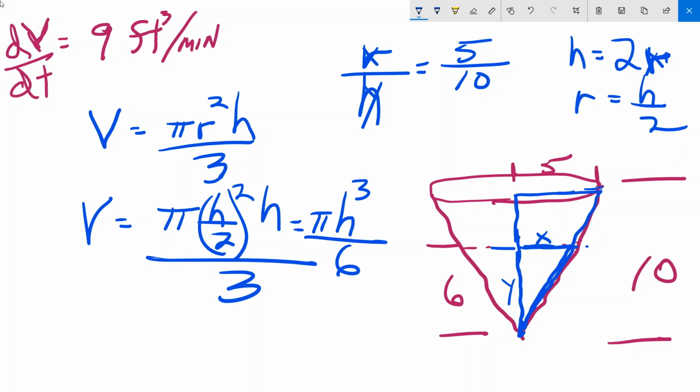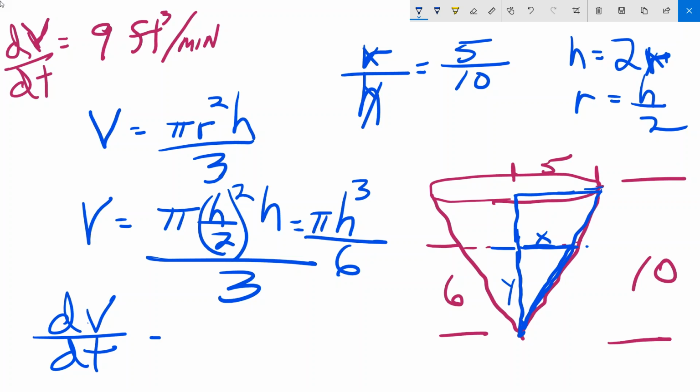So that's what v is as a function of h. Can you see why we would rather have it as a function of h? Because we're going to end up with a dh dt by the time we differentiate this. It's still dv dt because that's what they've given us, 9 cubic feet per minute.